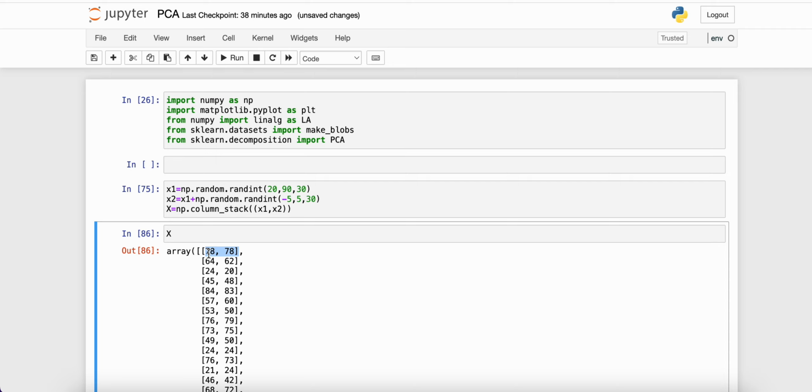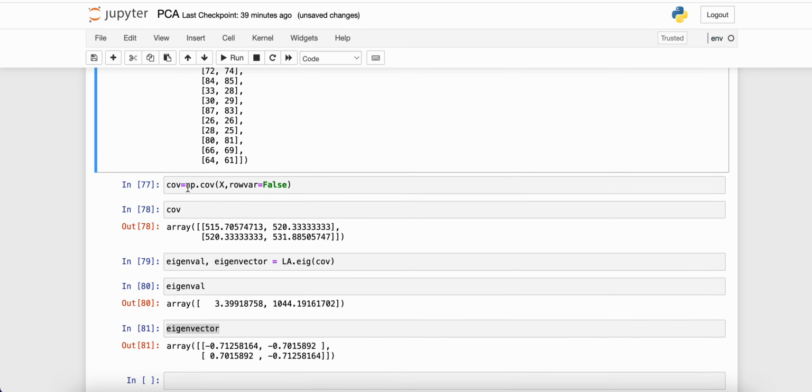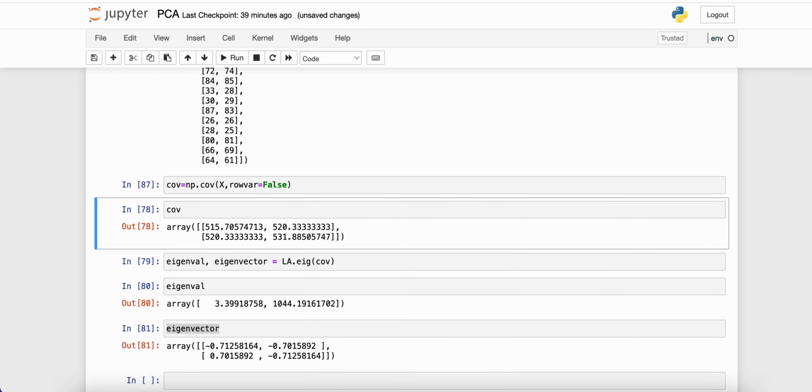We can do it by projecting this data along its first principal component, and the first principal component of capital X would be the eigenvector corresponding to the largest eigenvalue of the covariance matrix. So this will give you the covariance matrix of X, and this is a 2x2 matrix, which means that it will have two eigenvectors and two eigenvalues.